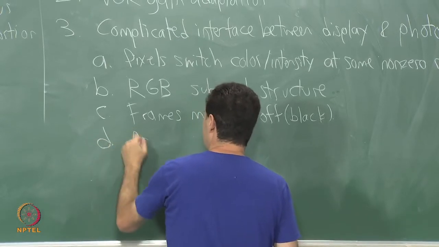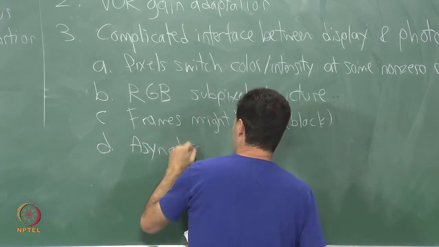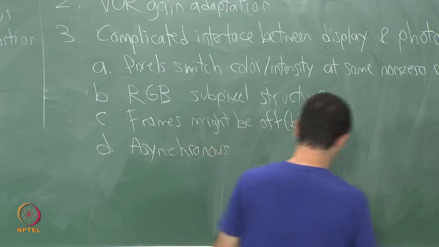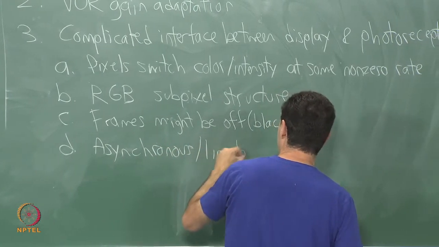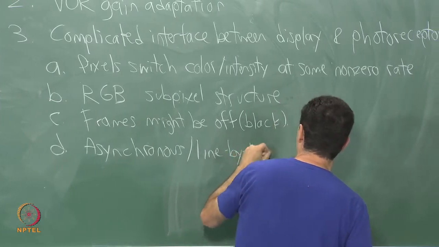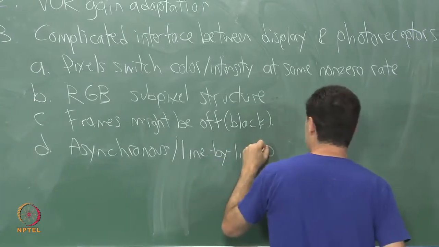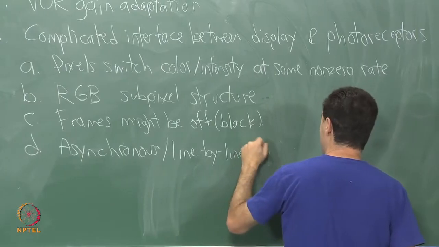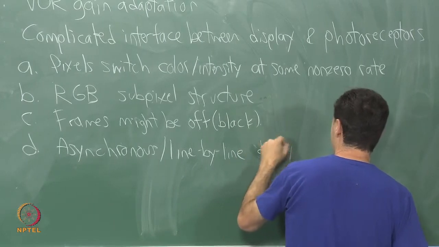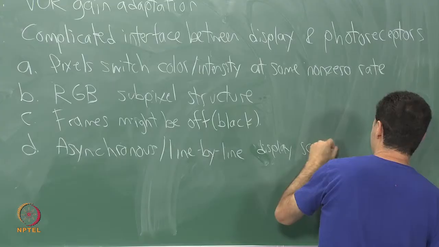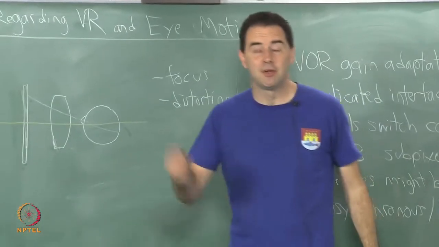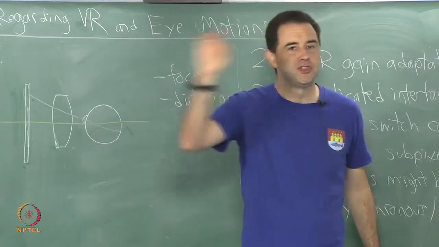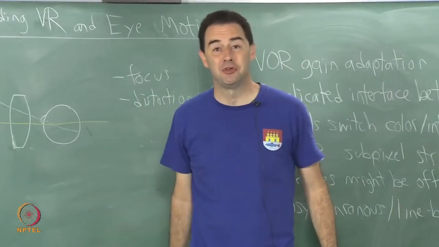D, asynchronous, or I'll say line by line display scan out. Displays typically change the pixels in some kind of sequential ordering.